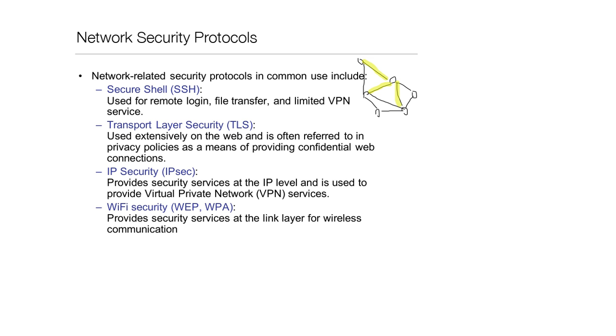These are the different security protocols we use, and keep in mind that all the cryptographic primitives we learned in our previous lectures are used in these different places to provide the necessary protection for our data.